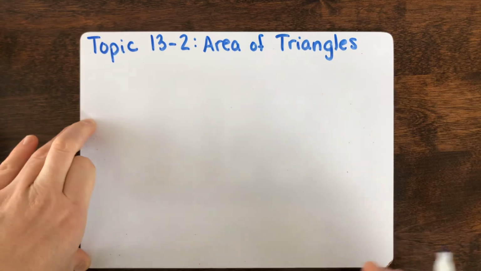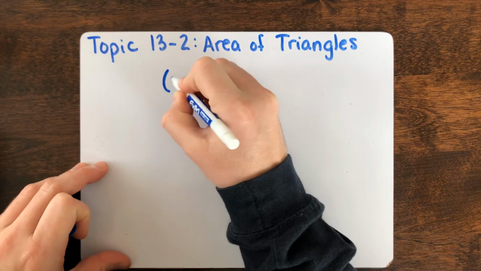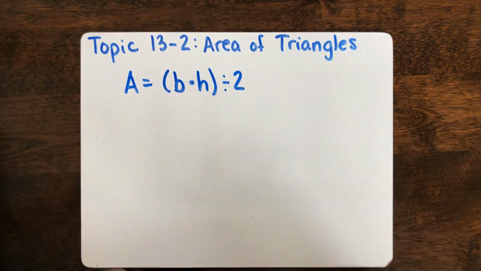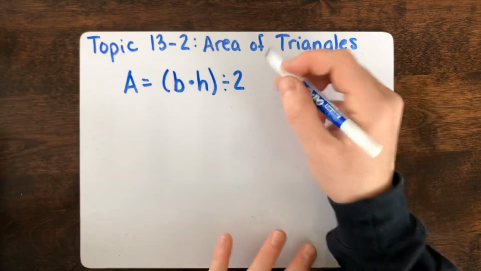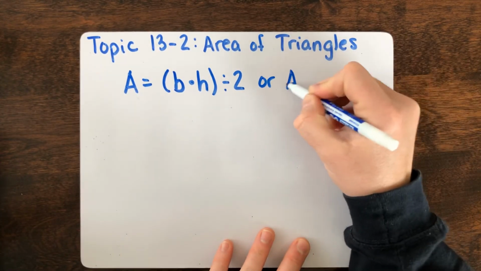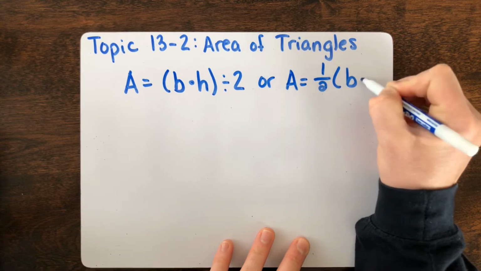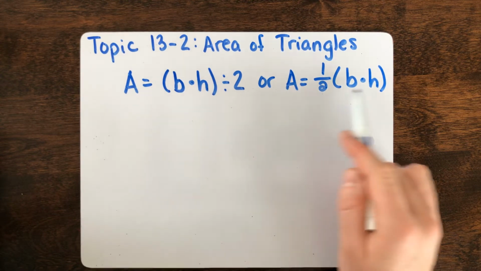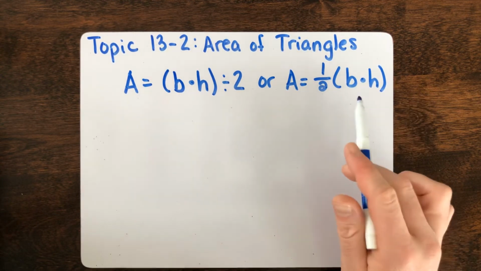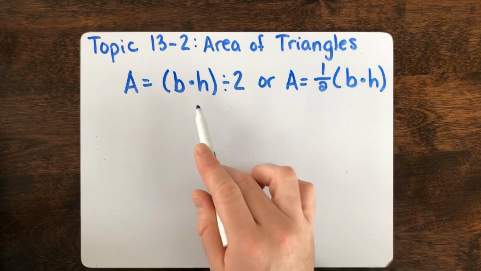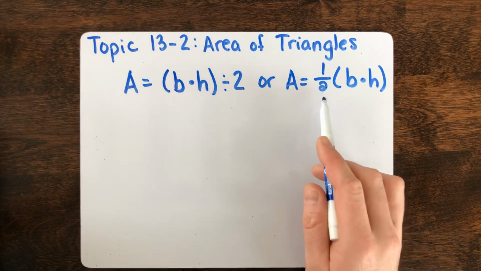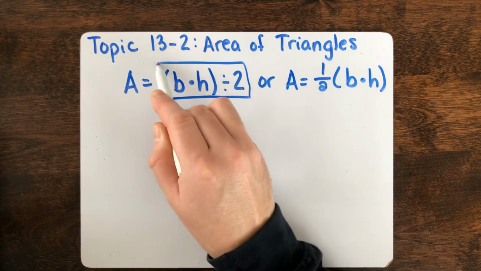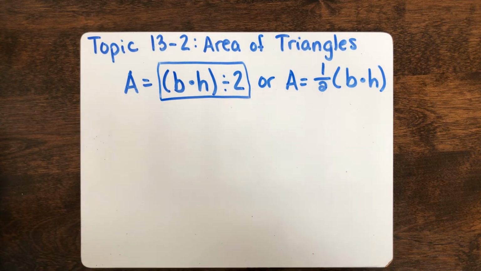Now, I like teaching that the area of triangles is base times height divided by 2, but you'll also see the area formula for triangles written like this, or area equals half base times height. Both of these formulas are equivalent. So if you see this, don't get freaked out that you don't know what it is. This is exactly the same as this formula. Because remember, multiplying by half is the same thing as dividing by 2. Personally, I like this formula better. It's just easier for me to understand. All right, so let's go over a few examples.